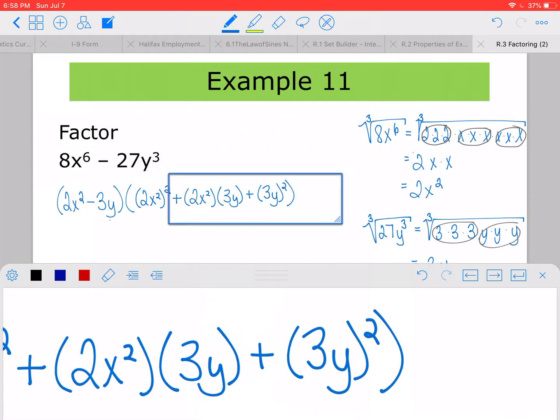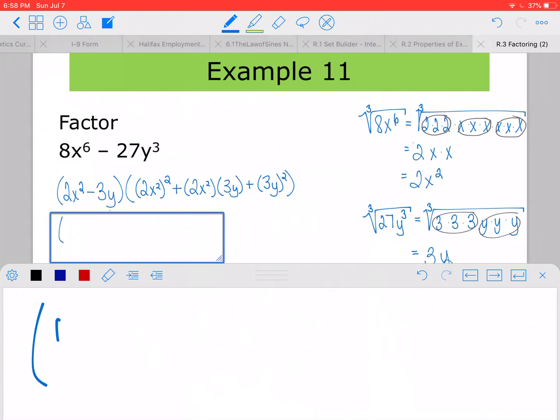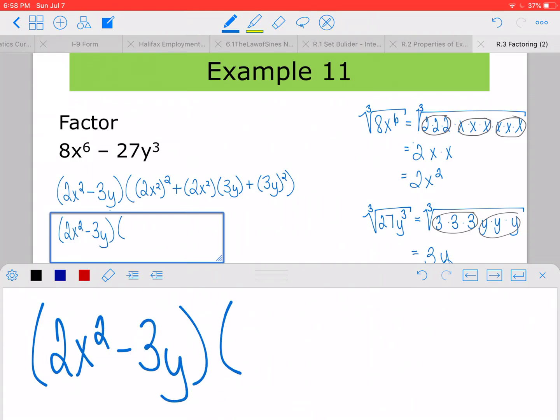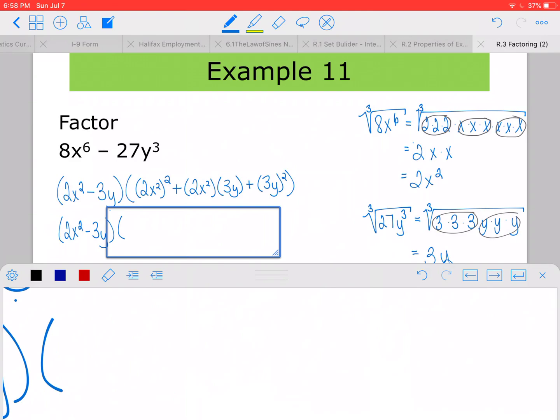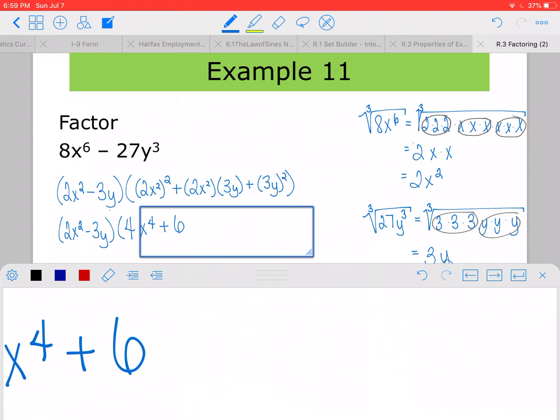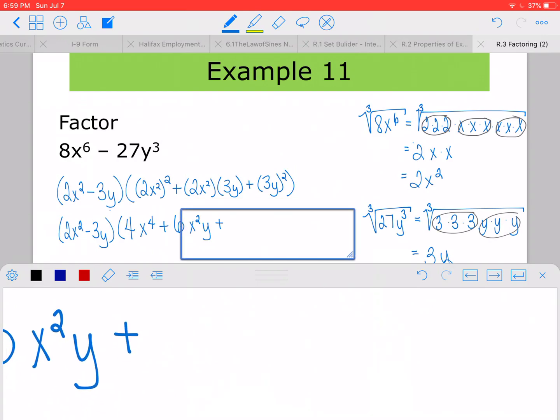So we've got this, and then 2x squared squared, well, you got to square the 2, so 2 squared is 4, x squared squared, that's x to the 2 times 2, x to the 4th. Then we've got 2 times 3 is 6, x squared times y is just x squared y. And then 3 squared is 9, and y squared. Okay? So that is that factored.